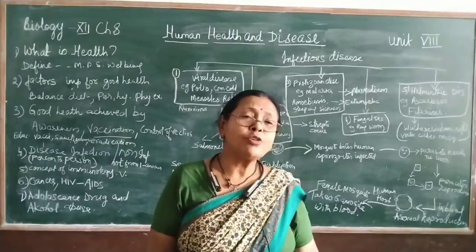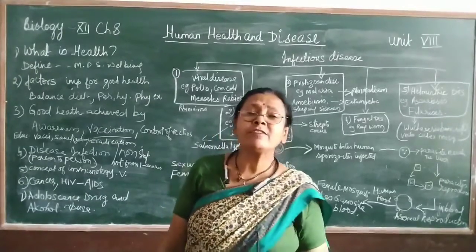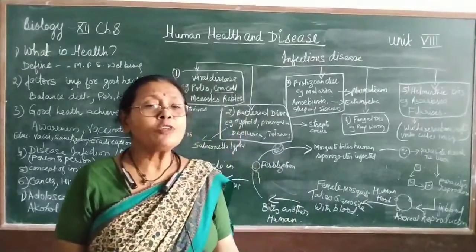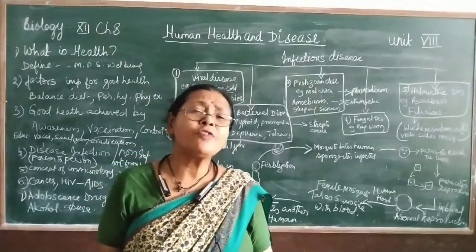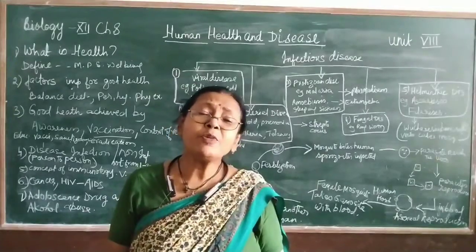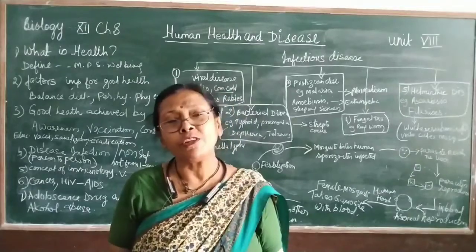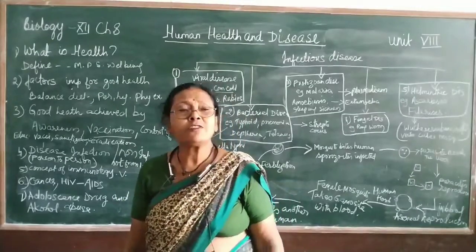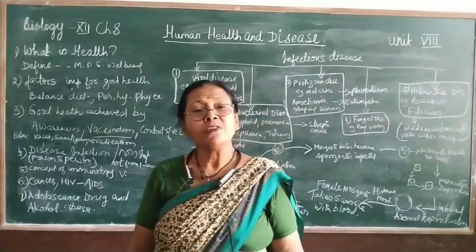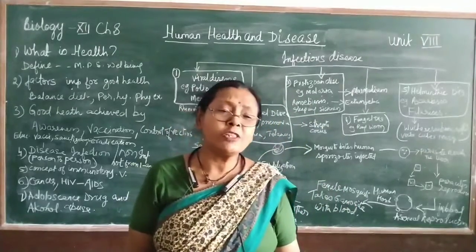Then comes the protein, which is very essential for the growth of our body, for the maintenance of our body, and for the replacement of cells of our body. Because our body is entirely made out of protein. So protein is very important.